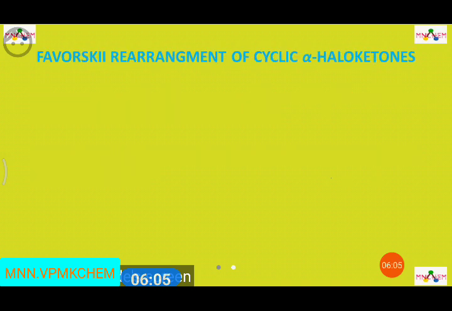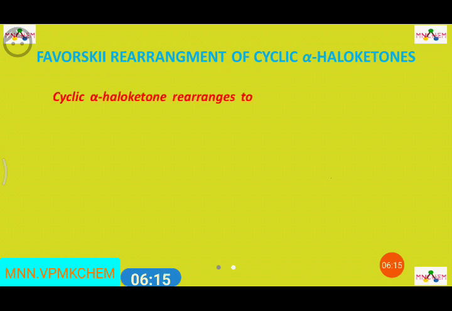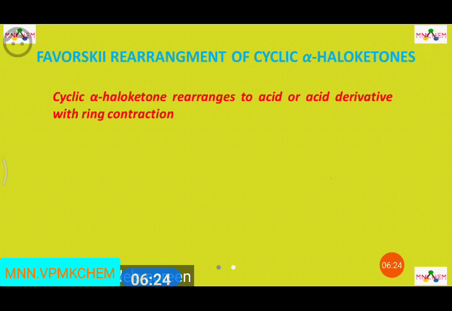Next, we are going to see the Favorskii rearrangement of cyclic haloketones. What we observe is that a cyclic alpha haloketone rearranges to an acid or acid derivative, but with ring contraction. Now, what I mean by ring contraction, we can discuss with an example.